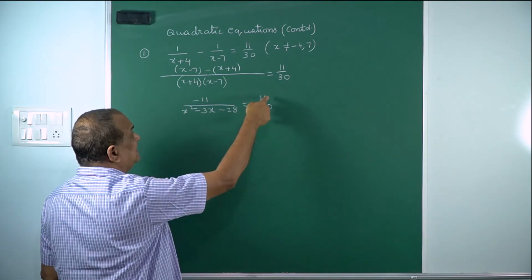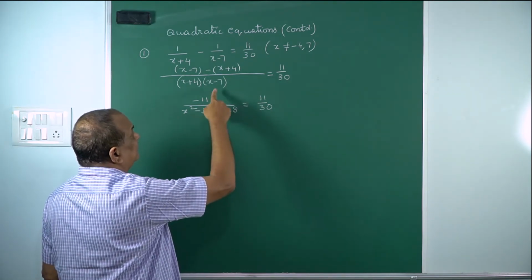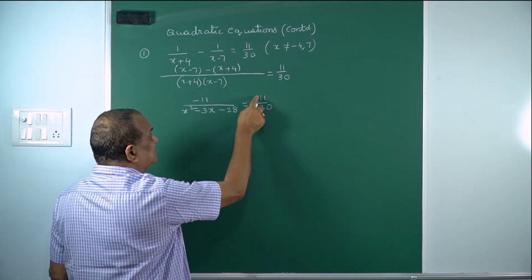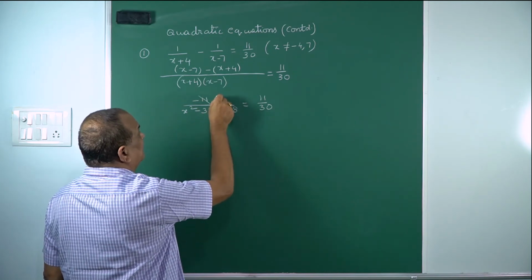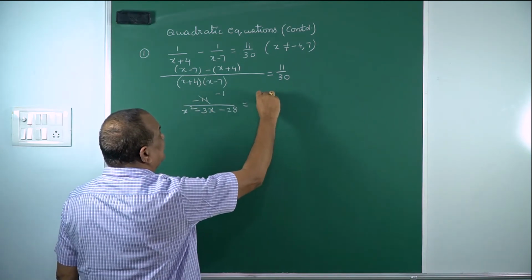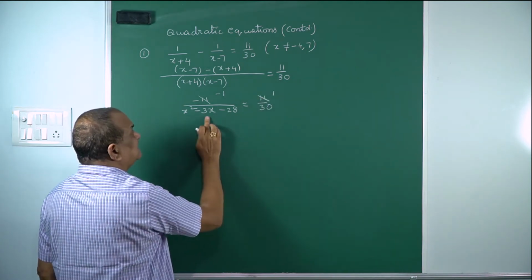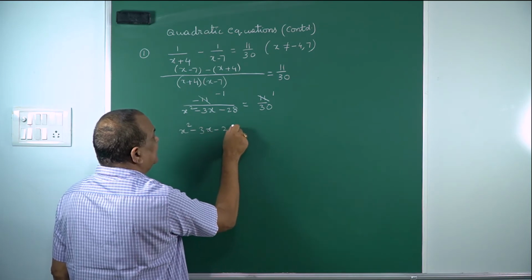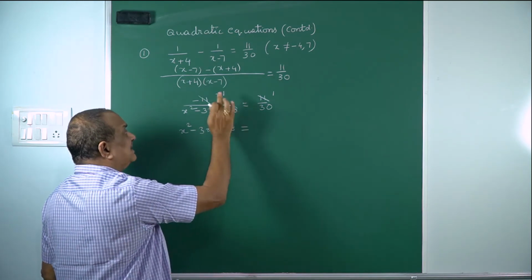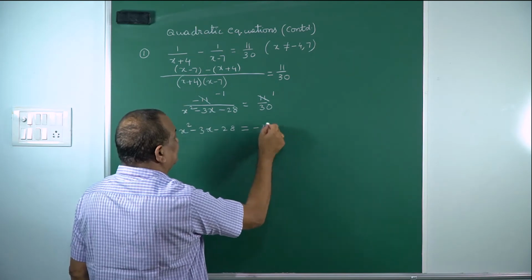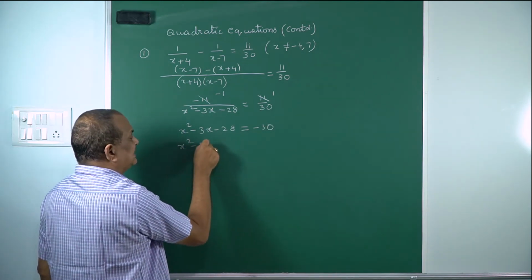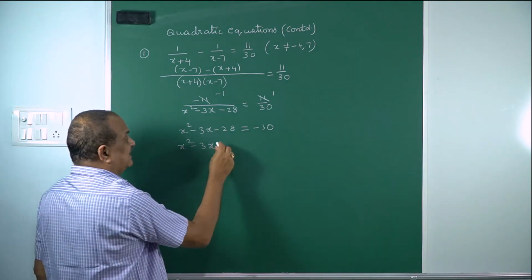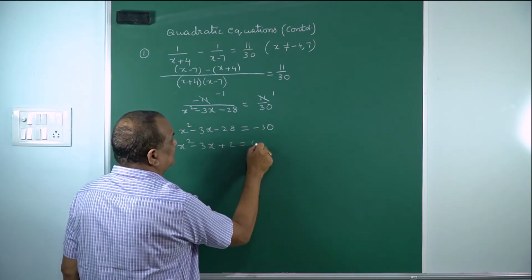And I can cancel 11 here, that would be better. Minus 1 times, and 11 is cancelled 1 time. So this denominator x square minus 3x minus 28 is equal to 30 times minus 1, minus 30. And x square minus 3x minus 30 will come to this side, plus 30 and minus 28 is plus 2, is equal to 0.